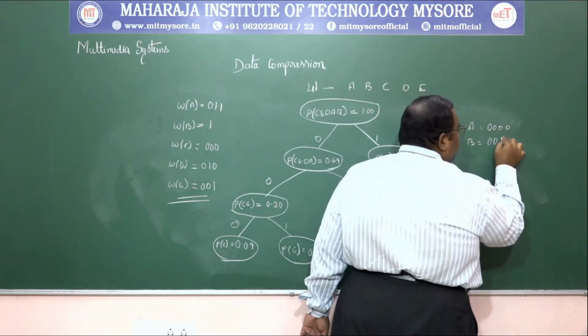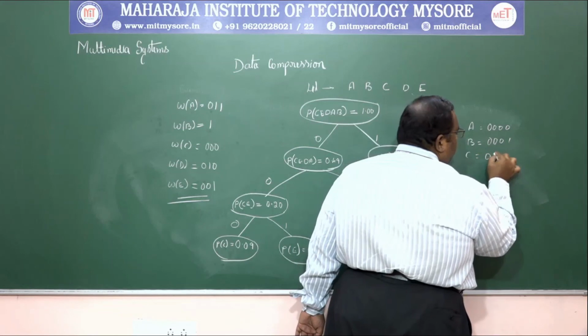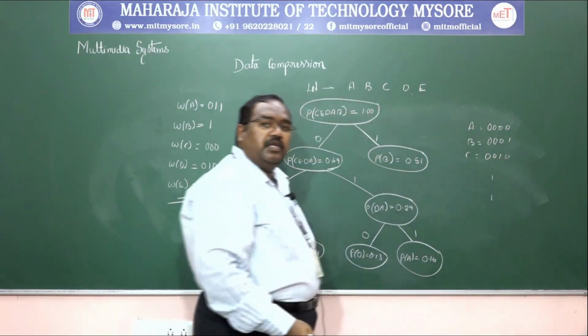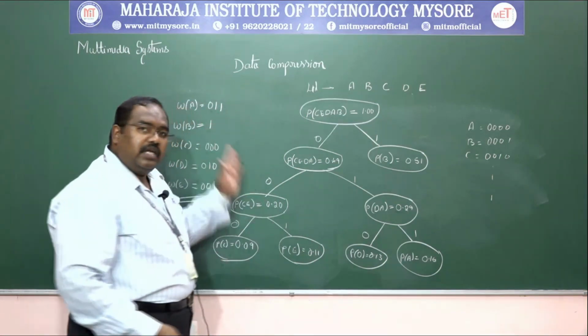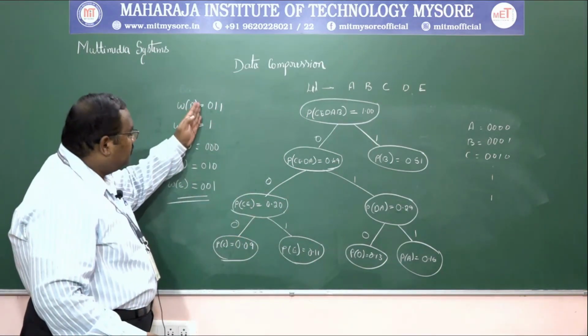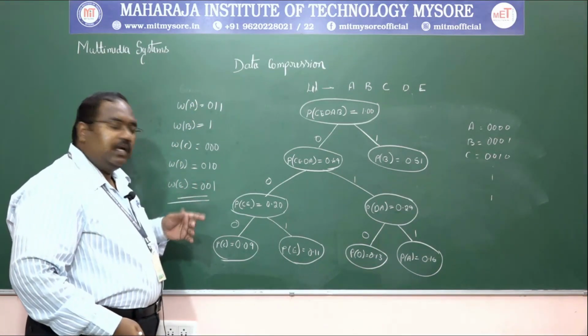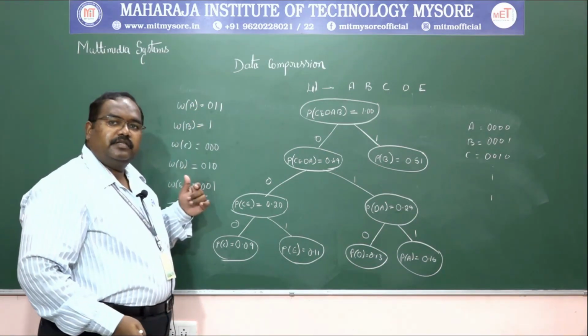If B is followed by 0, 0, 1 and C by 0, 0, 1, 0 and so on, that means a 4-bit representation. Now all the characters A to Z are represented by only 3 bits, and here even a single-bit representation is achieved.